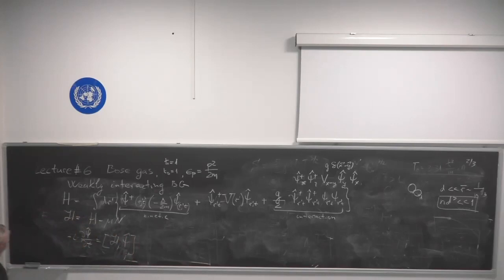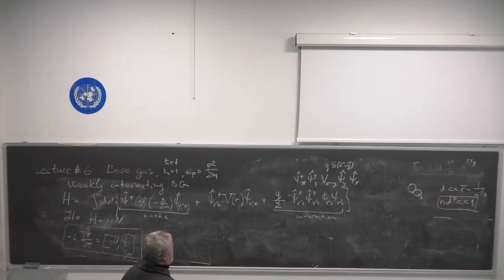Okay? So this is the Heisenberg equation of motion. Instead of working with the wave function, you work with operators. And as I said, instead of working with a fixed number of particles, which is the canonical ensemble, I'm working with a fixed chemical potential. This is a grand canonical ensemble.